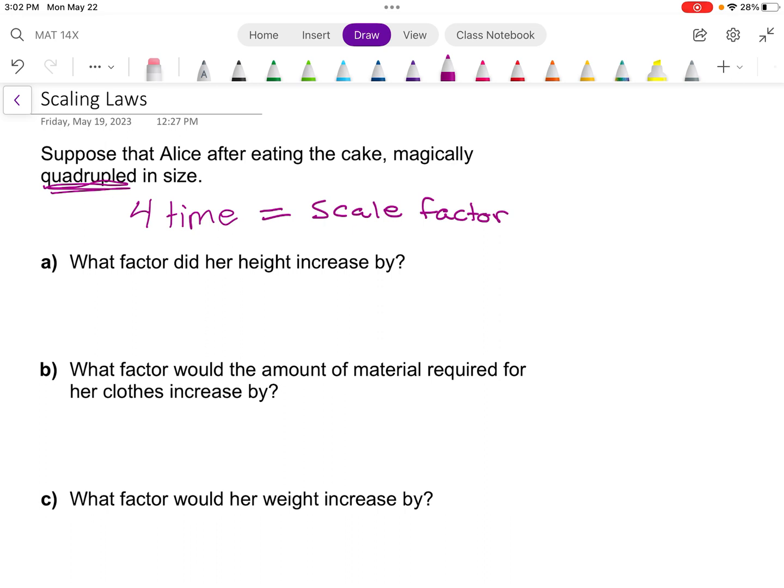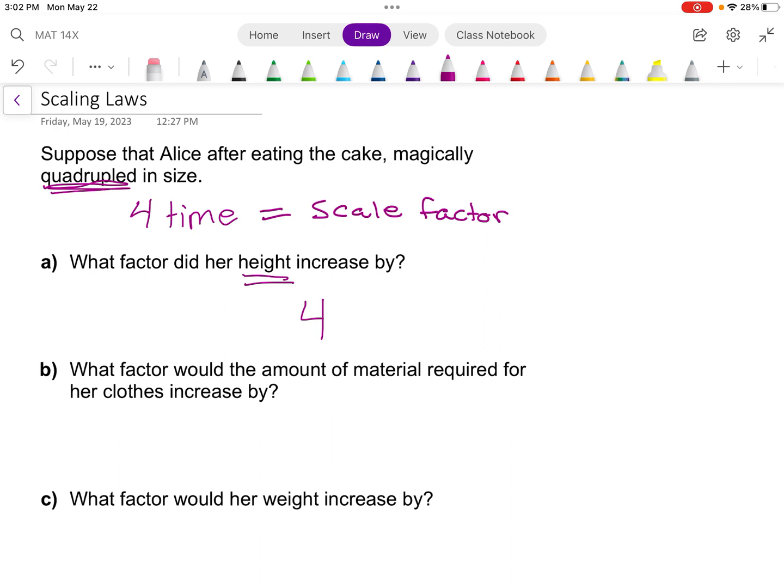So if we're asked what factor her height increased by, height is just a dimension. It's how tall Alice is. So her height would have increased by a factor of 4. Her new height is 4 times bigger than her original height, which means if her original height was 5 feet, then her new height would have been 5 times 4, or 20 feet, which is huge.